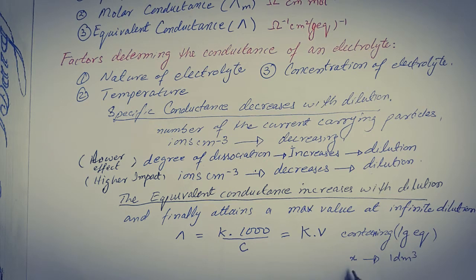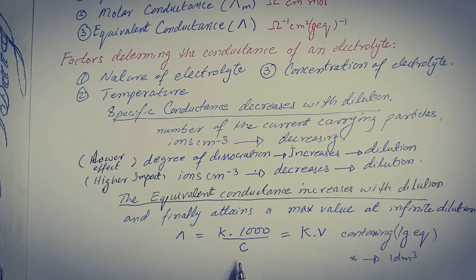So the smaller the amount of electrolyte, the greater will be the amount of solvent volume required for the compensation of overall volume.